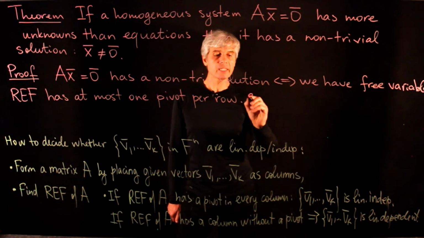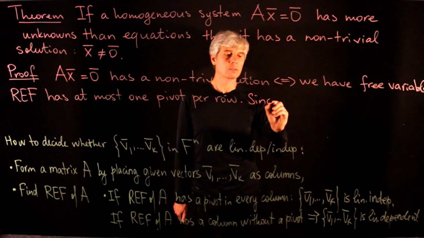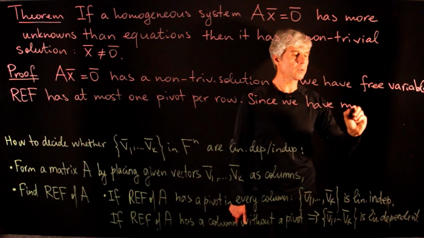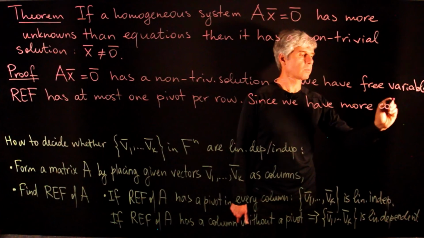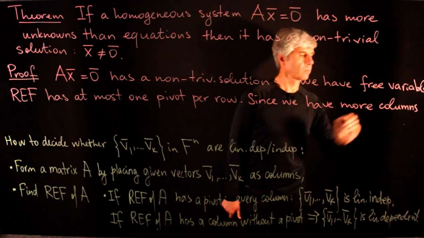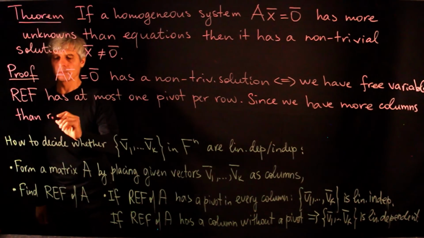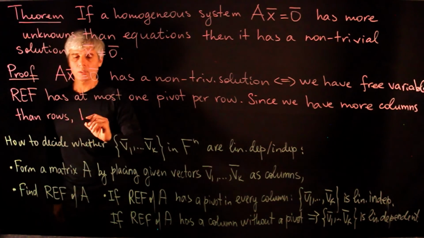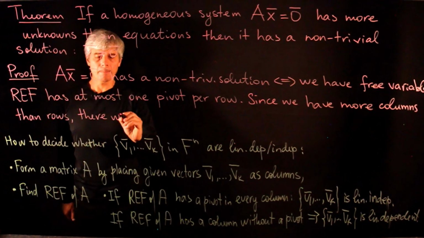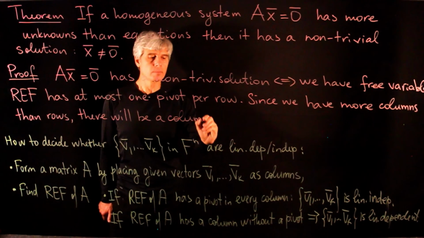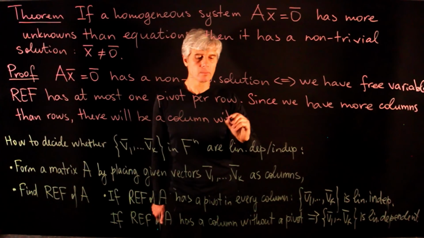So since we have more columns than rows, there will be a column without a pivot.